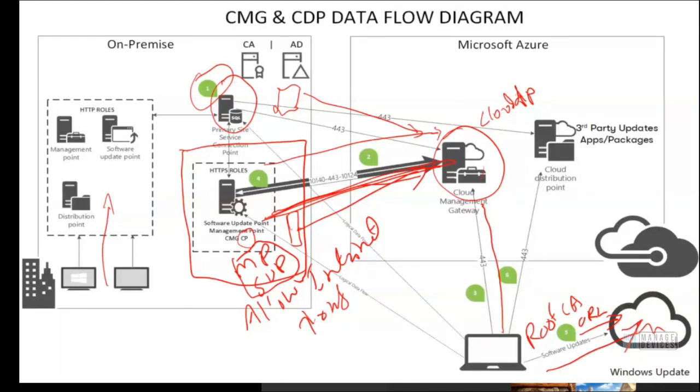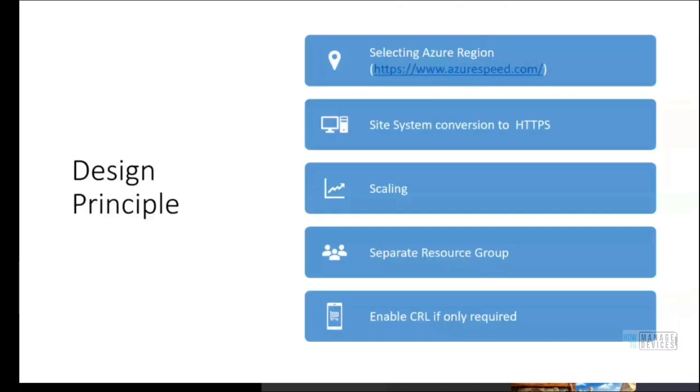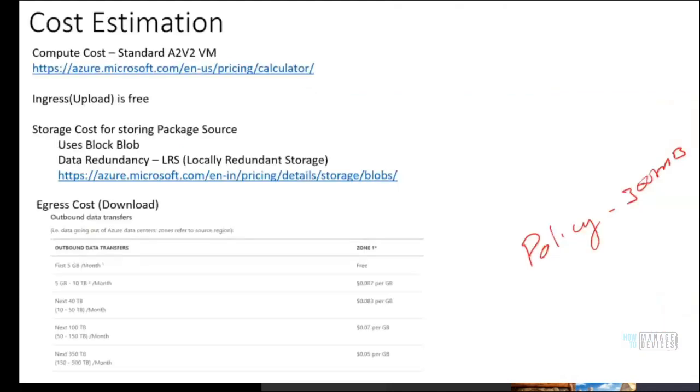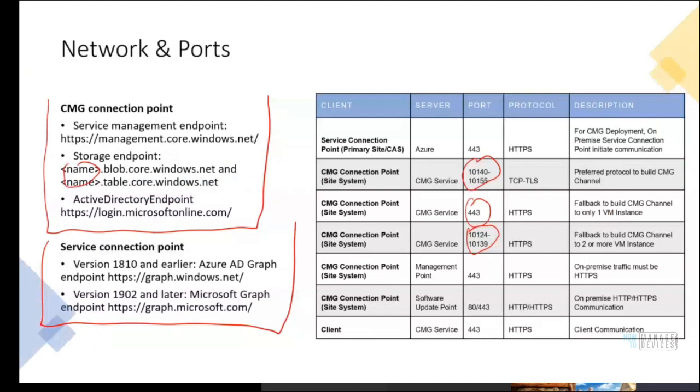One more question, Rajul. Can I manage the machines which are in the DMZ? Can I assign the machines to the cloud management gateway or not? What are the ports that I need, and what are the sites that I need to allow? It is there in the port details: 443 for the client.